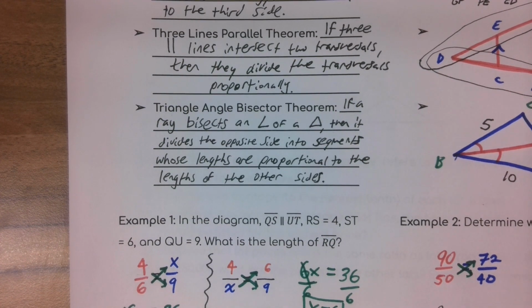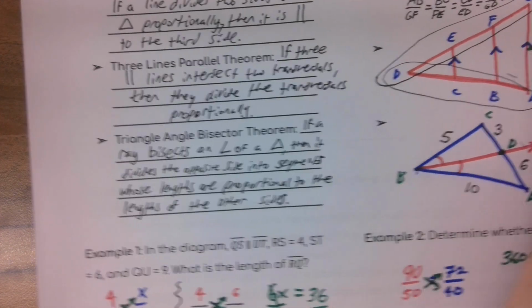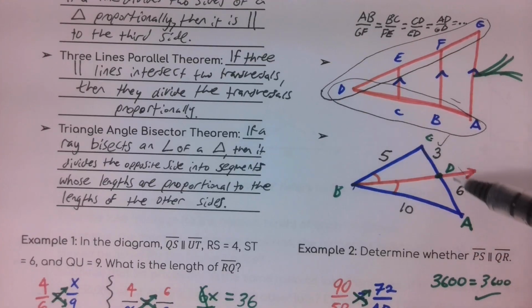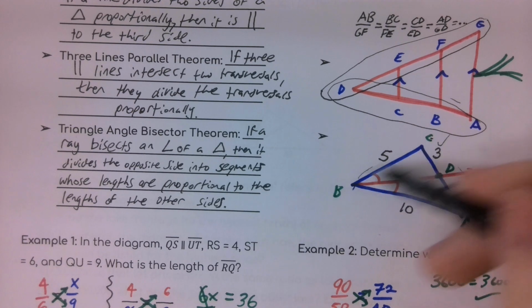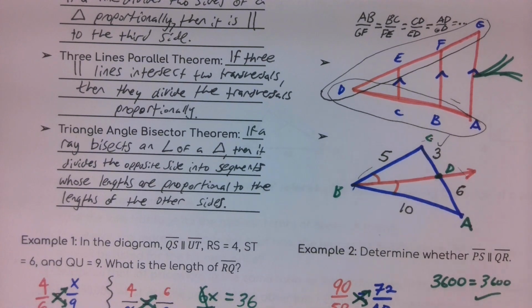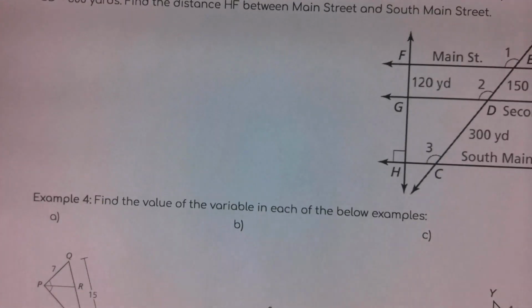These pieces of a line segment, CA, are proportional to these full sides, CB and AB. So let's flip the page, take a look at example 3.